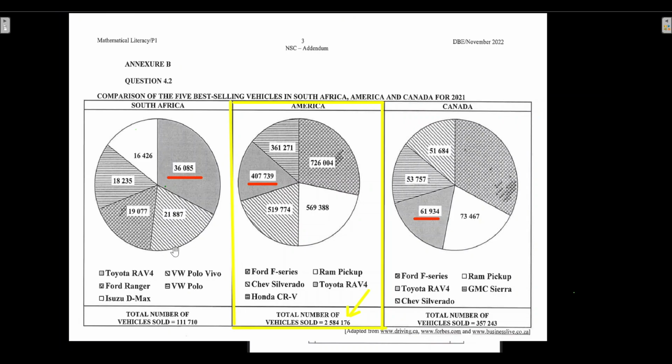So let's arrange this in ascending order. Our lowest value is 16,000. The second value is 18,235. The third is 19,077. The fourth value is 21,887. The fifth value is 36,085.